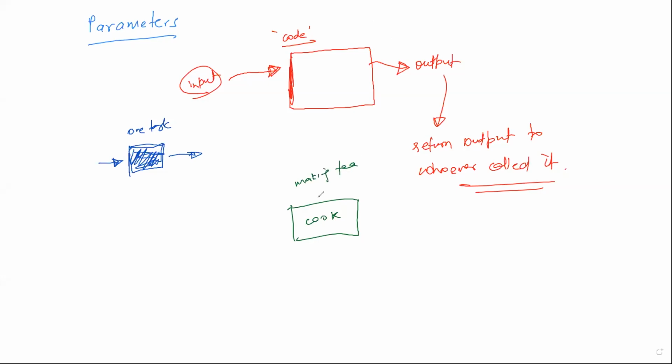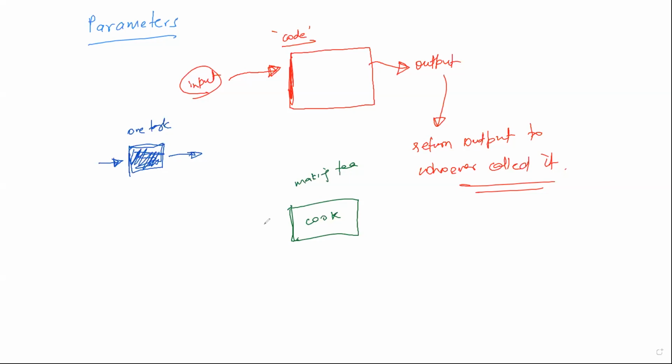Okay, and suppose this cook just wants one piece of information from you: the age of the person for whom you are making the tea. So basically, if the person is 40 to 50, he will add a particular amount of sugar.